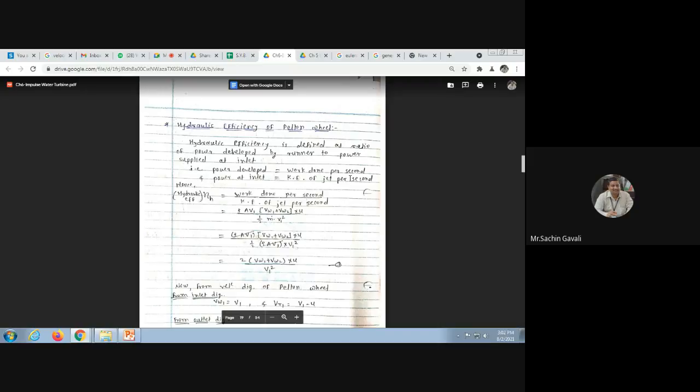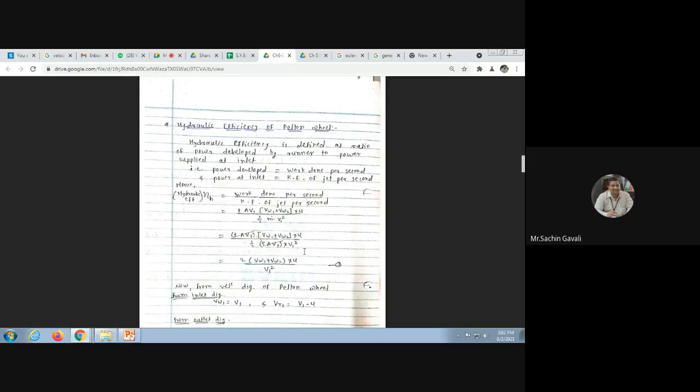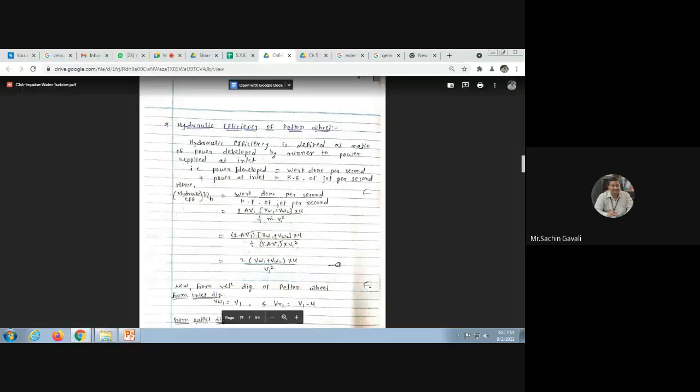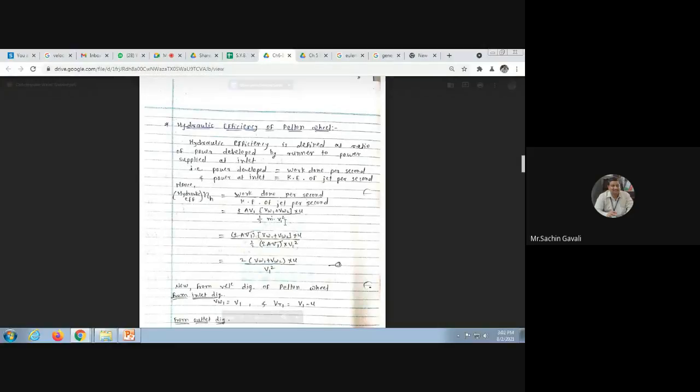The power developed by runner is equal to work done per second, and that we have calculated. What is that? Here rho A V1 into bracket VW1 plus VW2 into u, we have just calculated. And what is the power supplied? It is only kinetic energy, because it is half m v squared, and m is rho A V1 only. So half rho A V1 into V1 squared. Rho A V1 and rho A V1 will get cancelled.